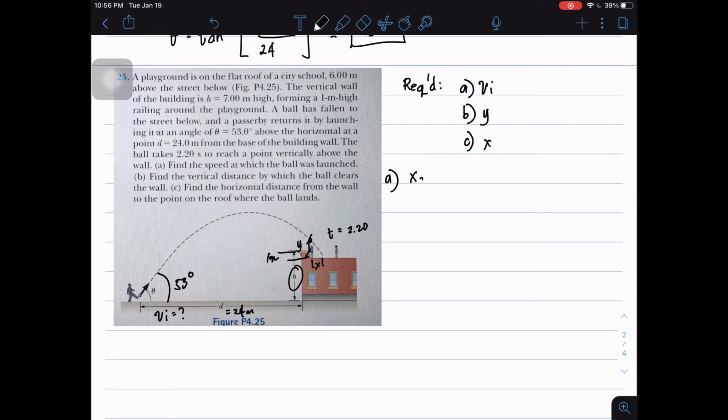Let us now solve letter A. So using this formula, apply the given parameters.